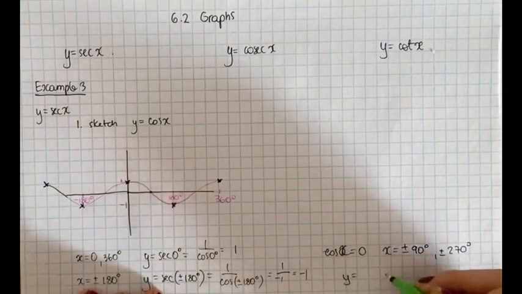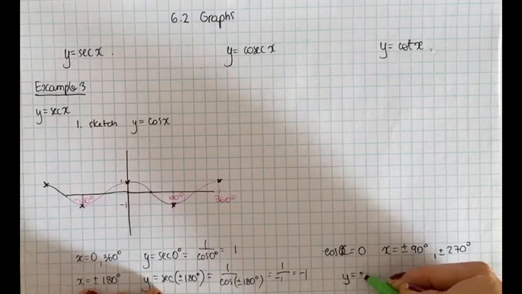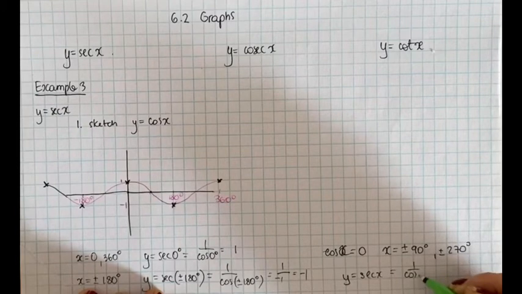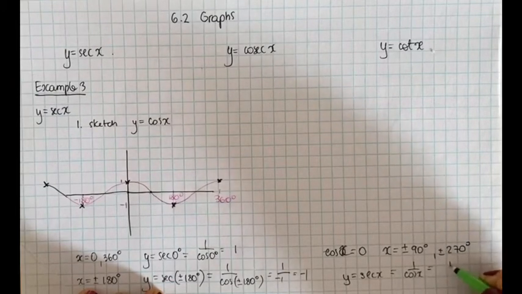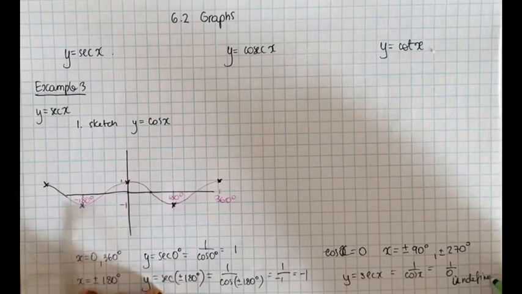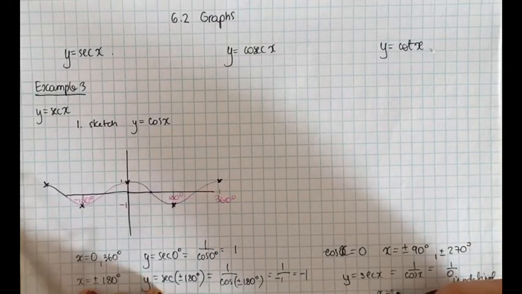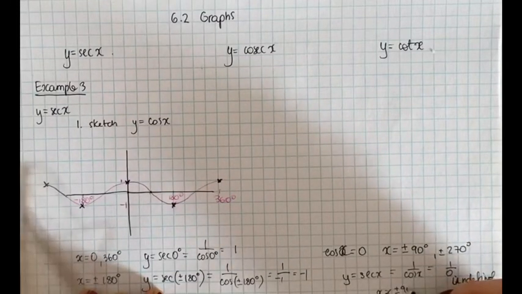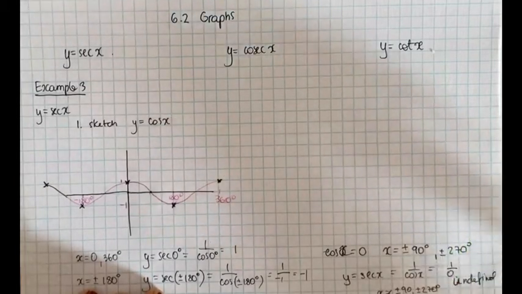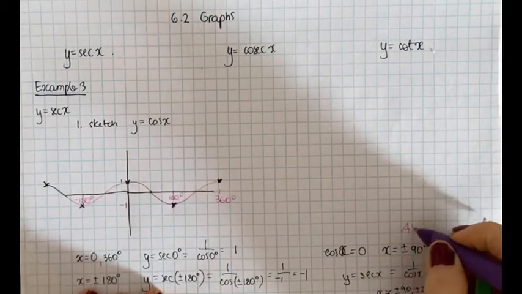You'll have y equal to sec x, which is 1 over cos x. So you will be getting 1 over 0. That's impossible, so undefined. Which means x cannot be equal to plus or minus 90, plus or minus 270. These are asymptotes.